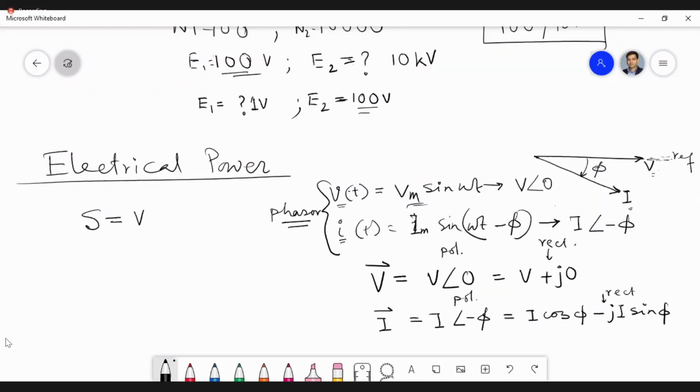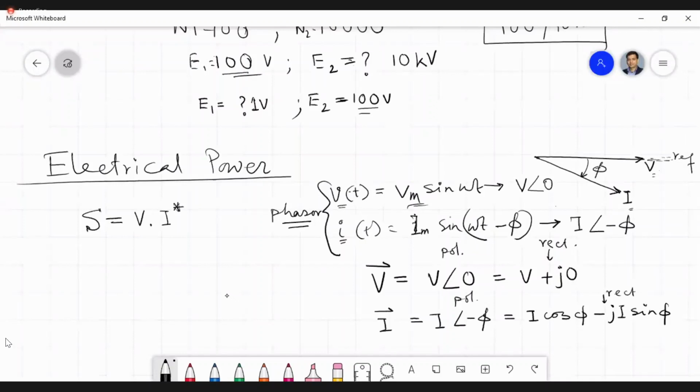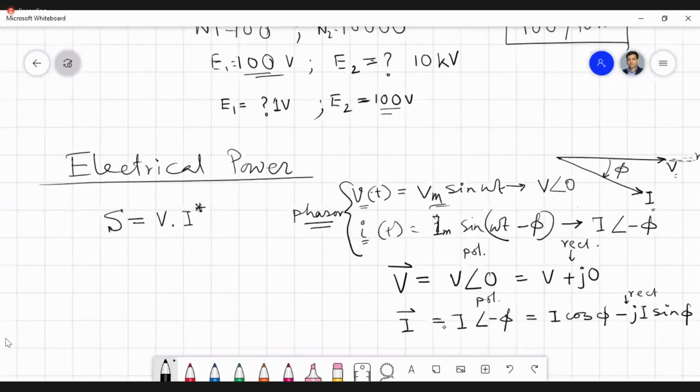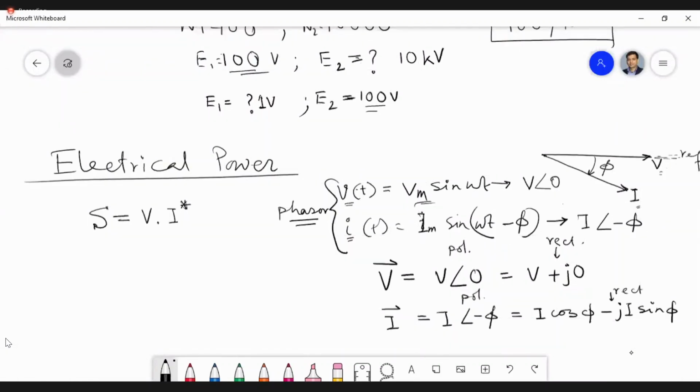So the power which we define like this is V into I conjugate. This is how we define the electrical power. As you can see, the voltage and current can be represented by complex variables, V plus j0 and I cos phi minus j I sin phi.